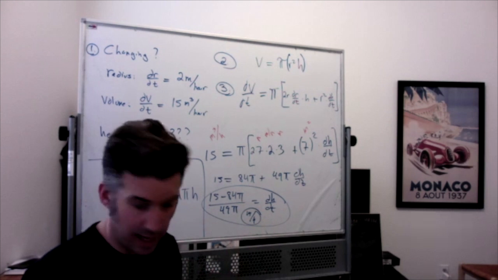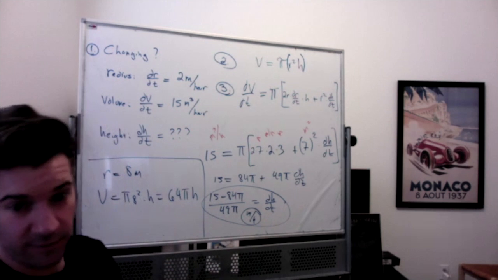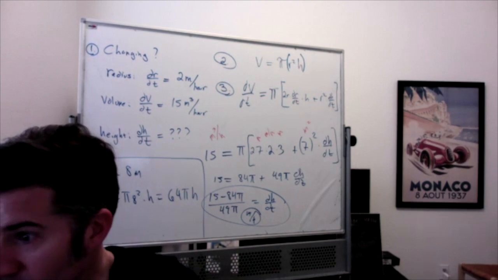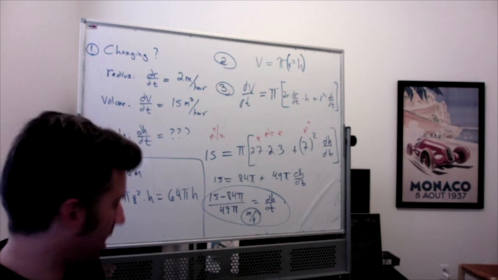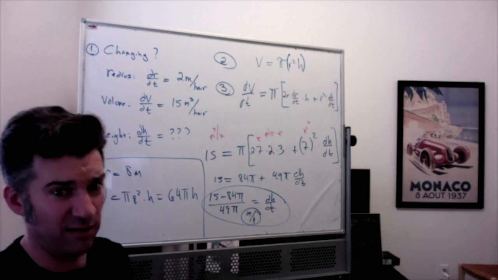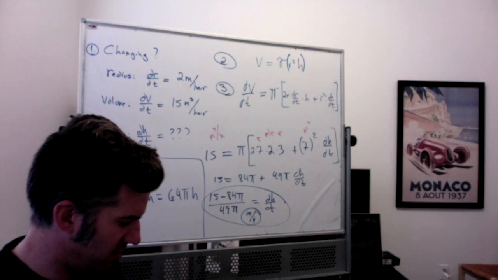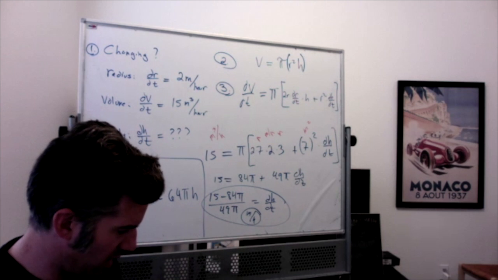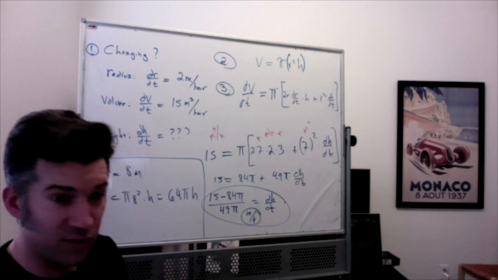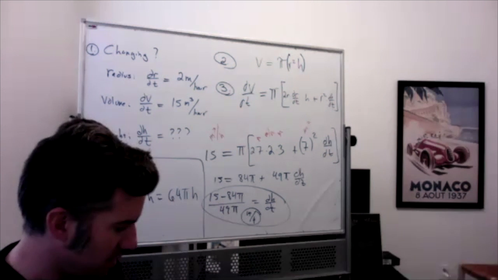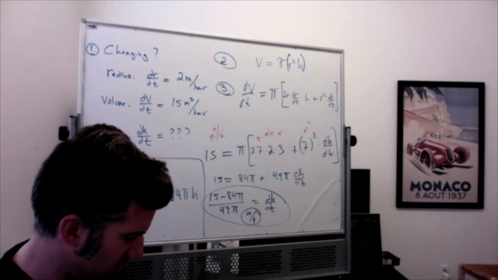And I do want to say this number is negative, right? If we calculate this, 84 pi is way bigger than 15. 15 minus 84 pi is negative 248 approximately, divided by 49 pi.